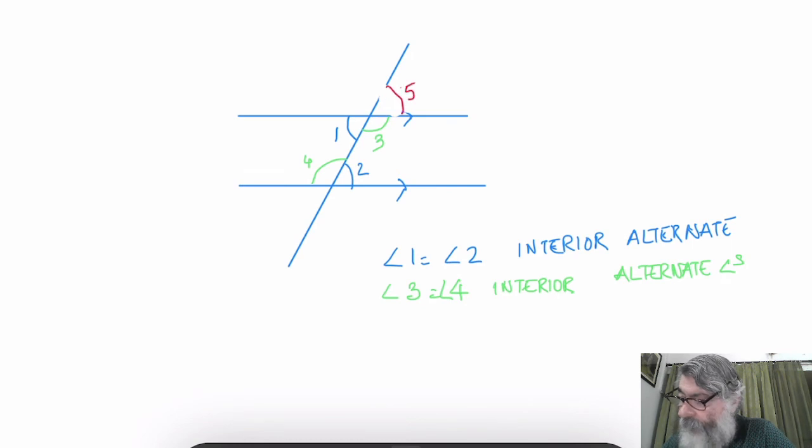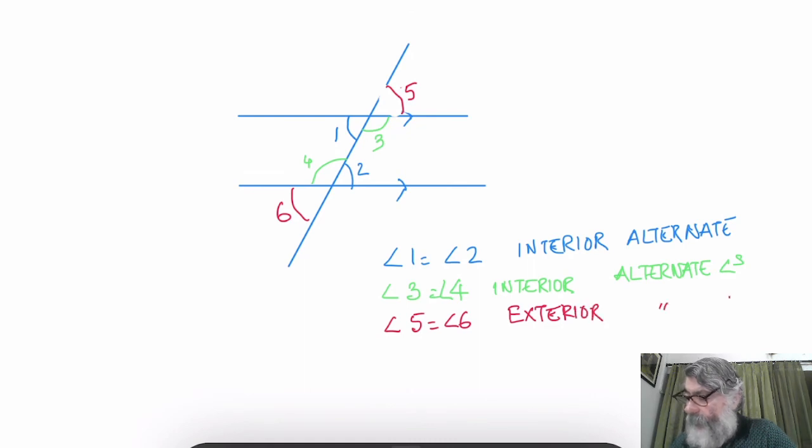This is 5 and this is 6. Angle 5 is equal to angle 6, exterior alternate angles. And then let us see this 7 and 8.